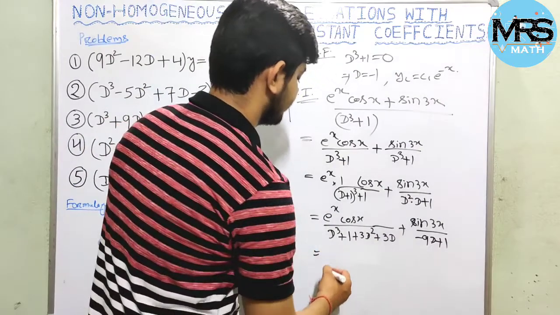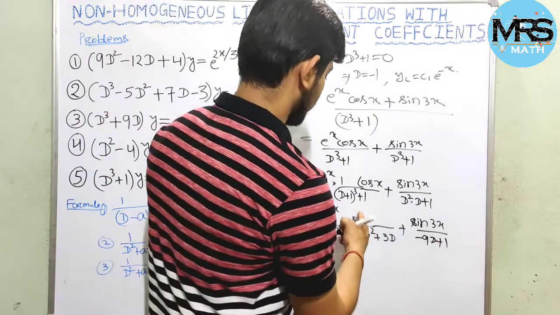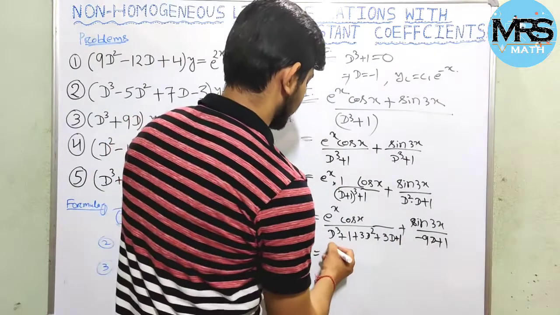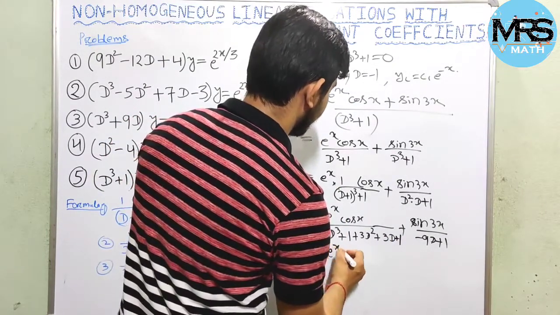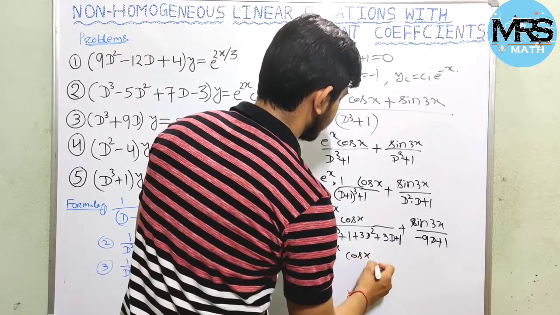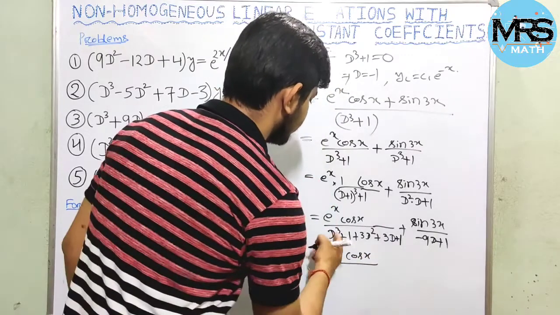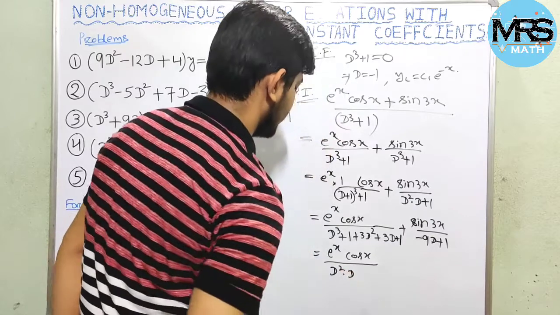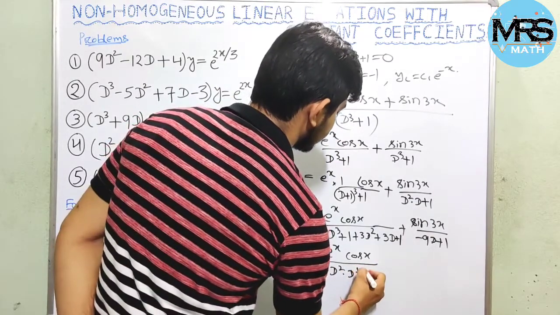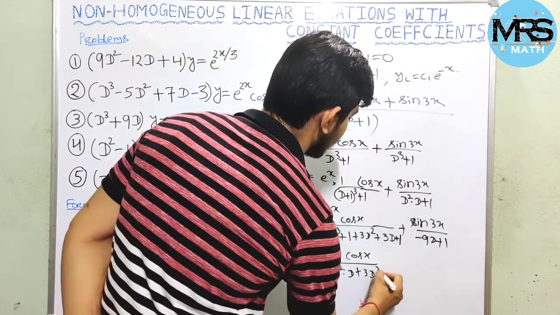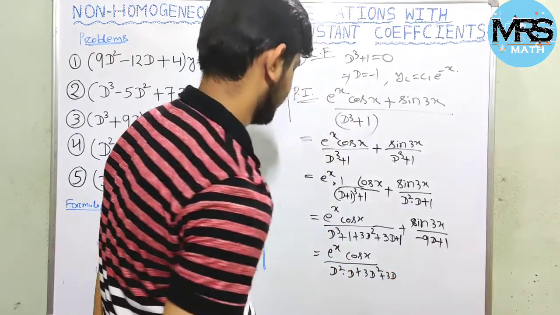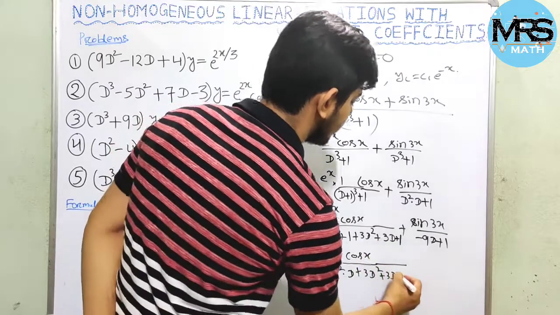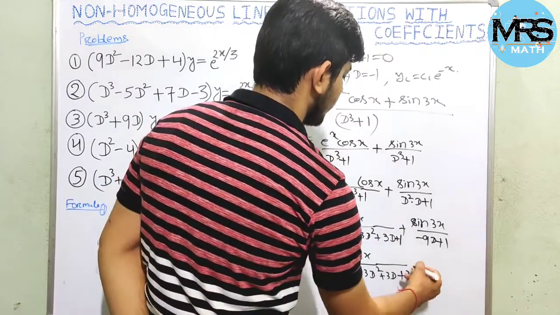So now, 1 is missing here, so this one we can write now: e to the power x cos x divided by D cube, which we can write as D square into D, plus 3D square plus 3D plus 1, this is plus 1, so we can write plus 2.